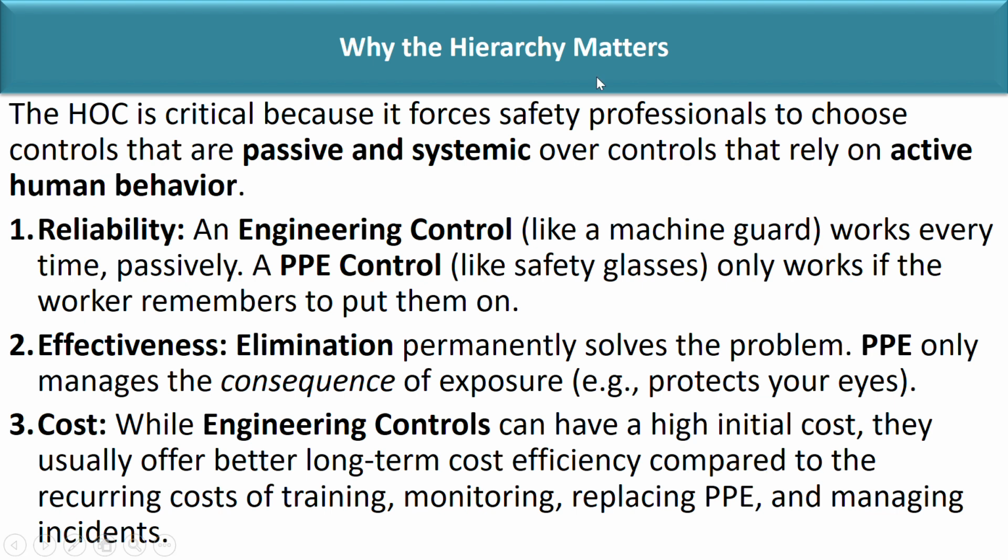Why does the hierarchy matter? The hierarchy is critical because it forces safety professionals to choose controls that are passive and systemic over controls that rely on active human behavior. Reliability: engineering control, like a machine guard, works every time passively. A PPE control, like safety glasses, only works if the worker remembers to put them on. Effectiveness: elimination permanently solves the problem.